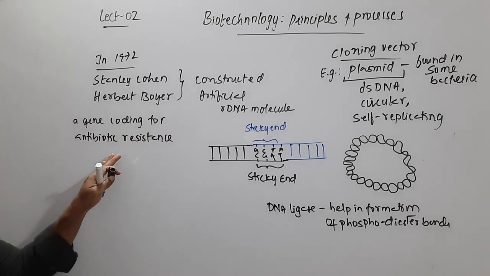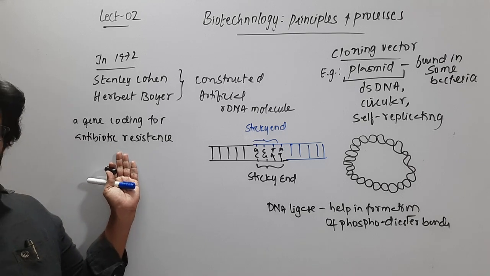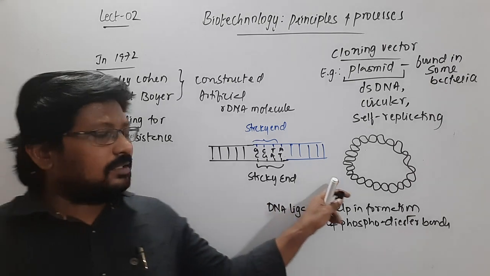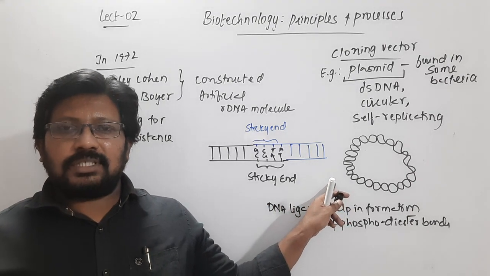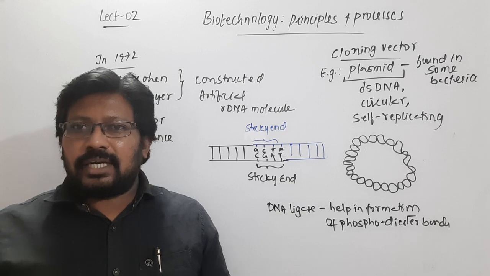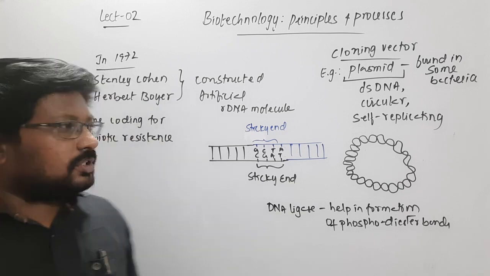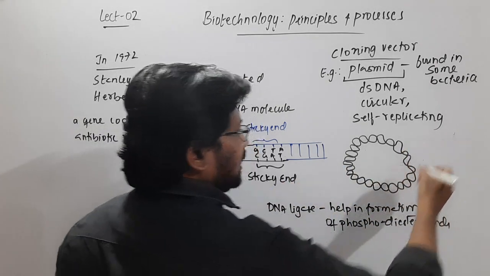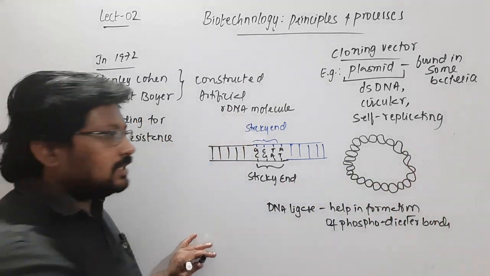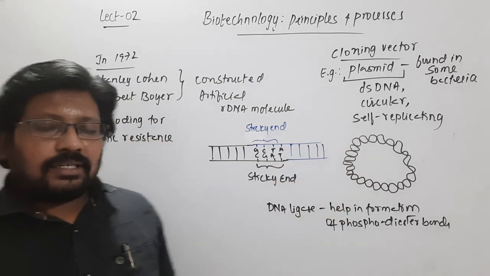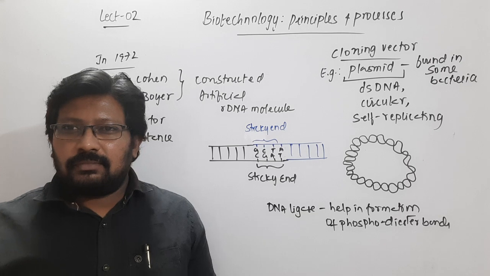Usually such genes which give antibiotic resistance are present in plasmids, and give the bacteria antibiotic resistance. Suppose there is an antibiotic called tetracycline, and this plasmid has a tetracycline resistant gene.